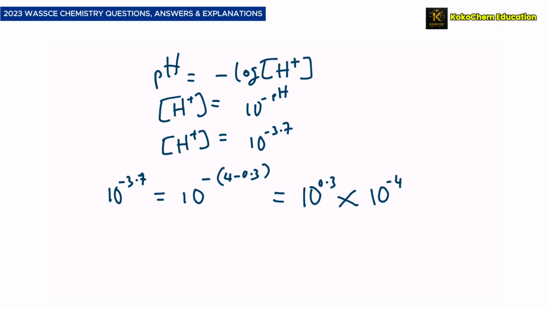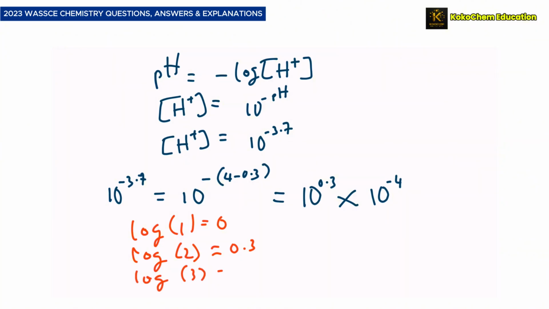Now think about common log values. We know that log 1 is 0. Log 2 is approximately 0.3. Log 3 is approximately 0.48.